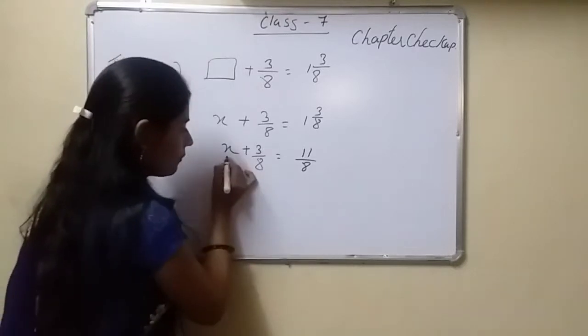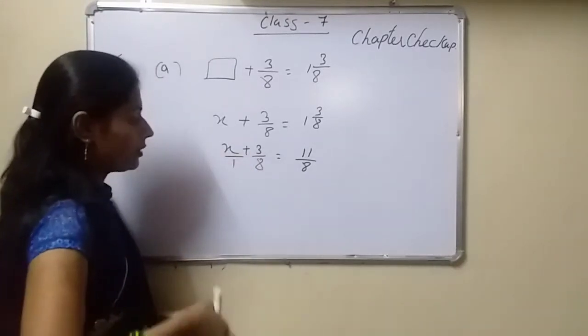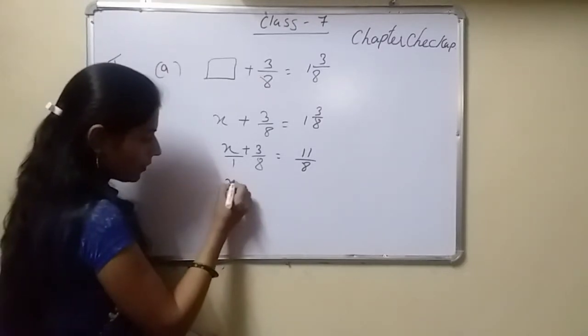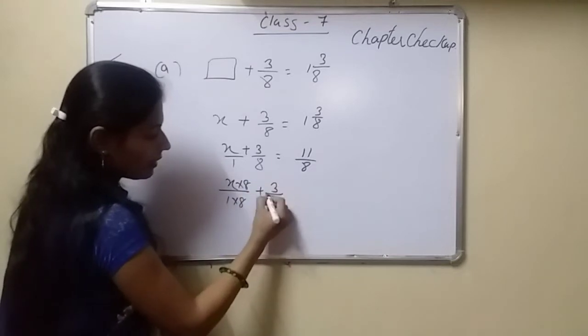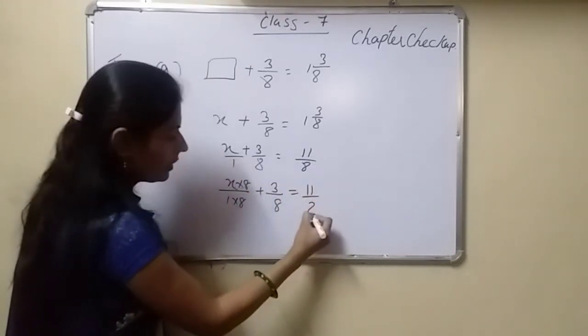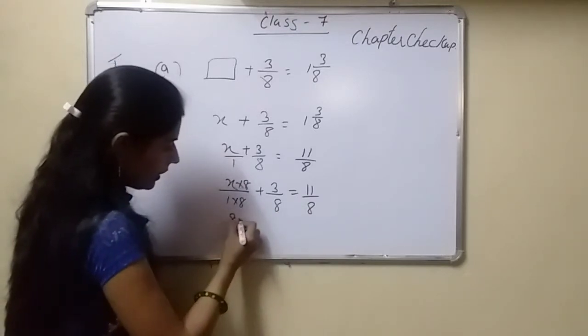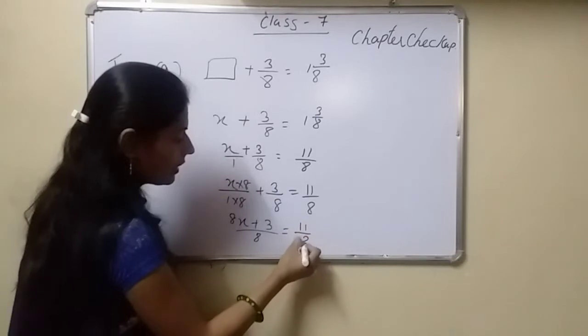First of all, nothing is given in the denominator for x, so put 1. So x by 1 into 8 plus 3 by 8. Why does this become so? Because the LCM is 8, equal to 11 by 8. Now 8x plus 3 by 8 is equal to 11 by 8.